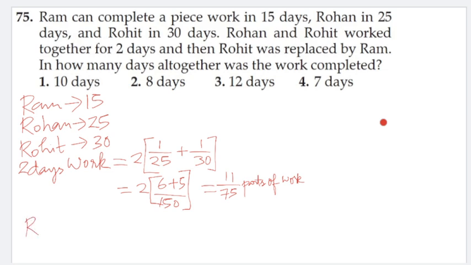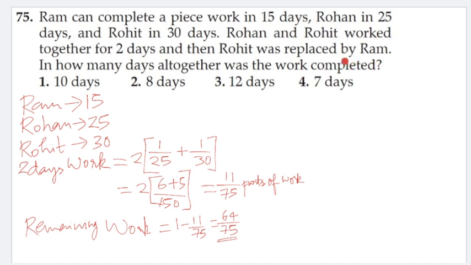So the remaining work is equal to 1 minus 11 by 75, and that would be equal to 64 divided by 75 parts of the work. Now how much work is remaining? 64 by 75 parts of the work is remaining.